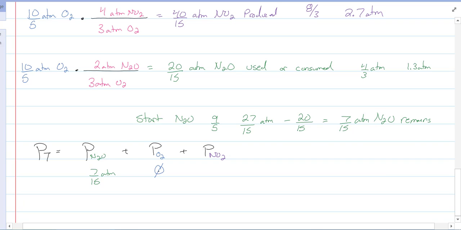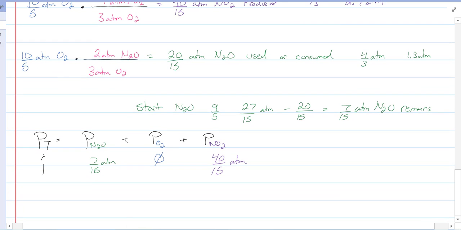O2 is 0, and NO2, nitrogen dioxide, is 40/15 atmospheres. Ooh.